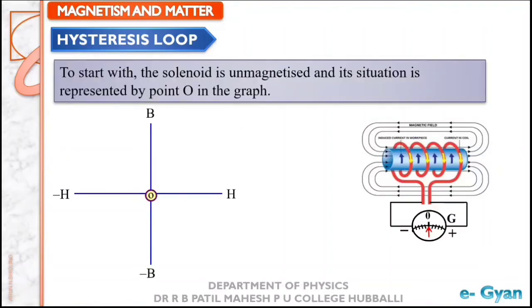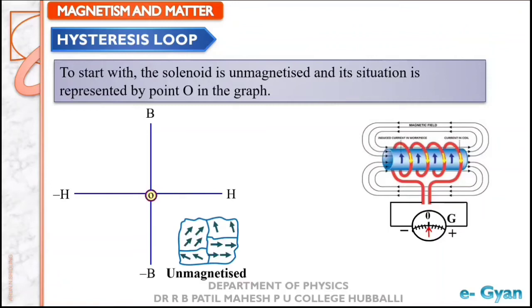To start with, the material is unmagnetized, that is, its domains are randomly oriented. So O represents the unmagnetized state, where the domains are not aligned in any particular direction.